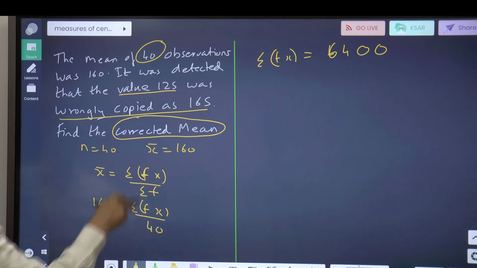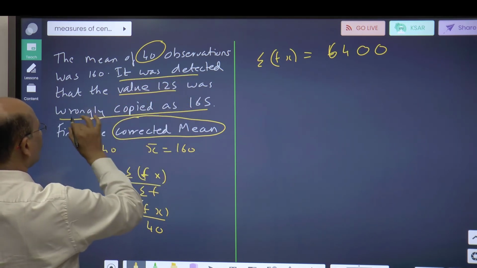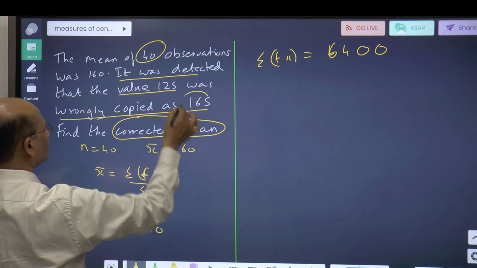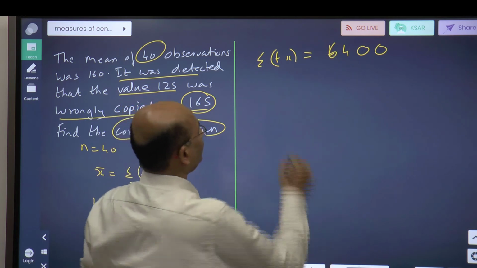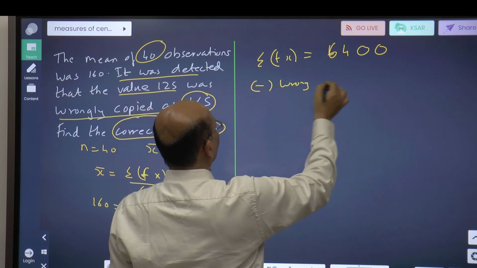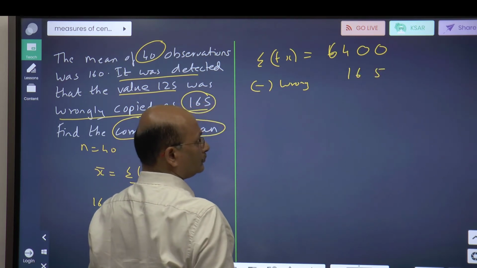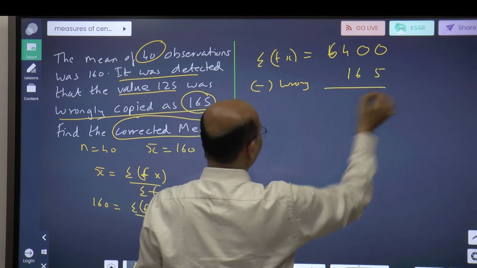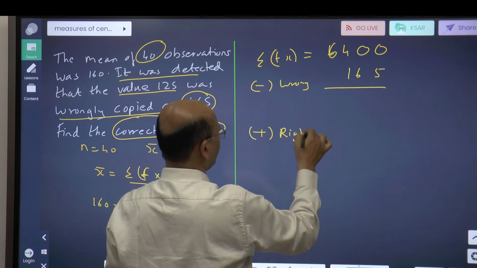Now, what they told is that it was detected that the value 125 was wrongly copied as 165. So from the total, subtract the wrong value. What is wrong? 165. And add the right value, because that data will be left out, right?